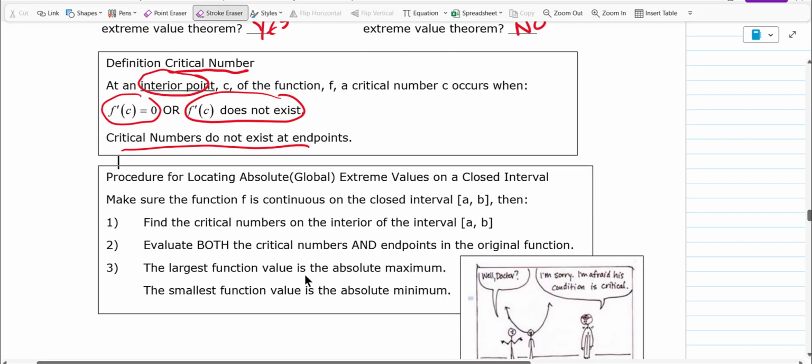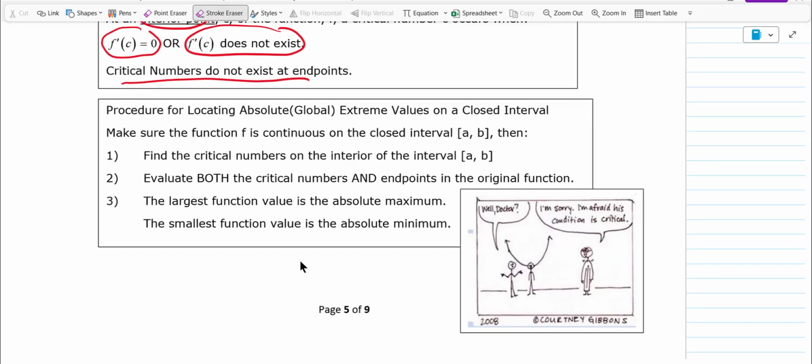Now what we're going to learn is how to find absolute or global extreme values on a closed interval. These are the three key steps. First, you have to make sure the function's continuous and closed. If it is, then you do this methodology. Step one, find the critical numbers.